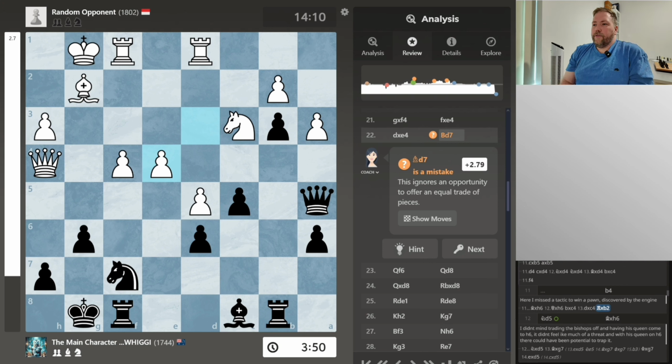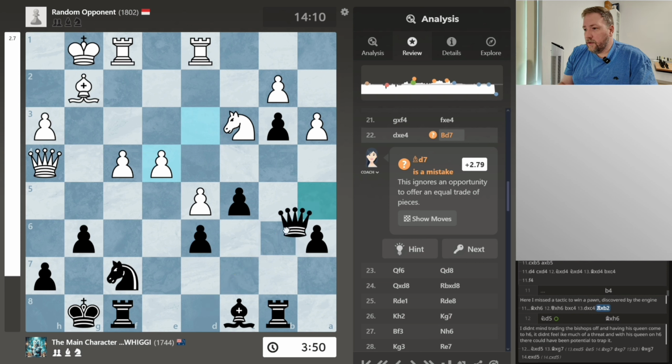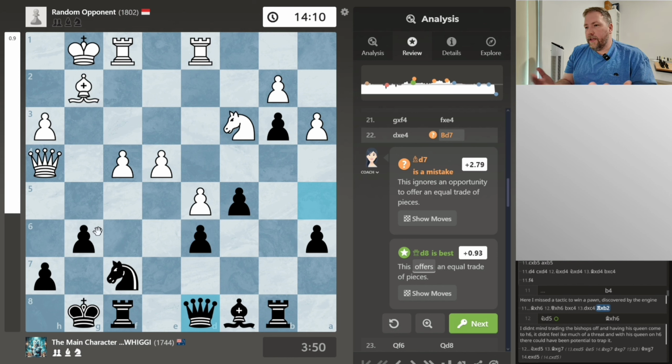So the only offer of an equal trade that I can see here is queen to d8. We can click hint. It's highlighted the queen. So I'm going to go ahead and assume queen to d8. And the engine just felt like it was a good time to offer an equal trade.